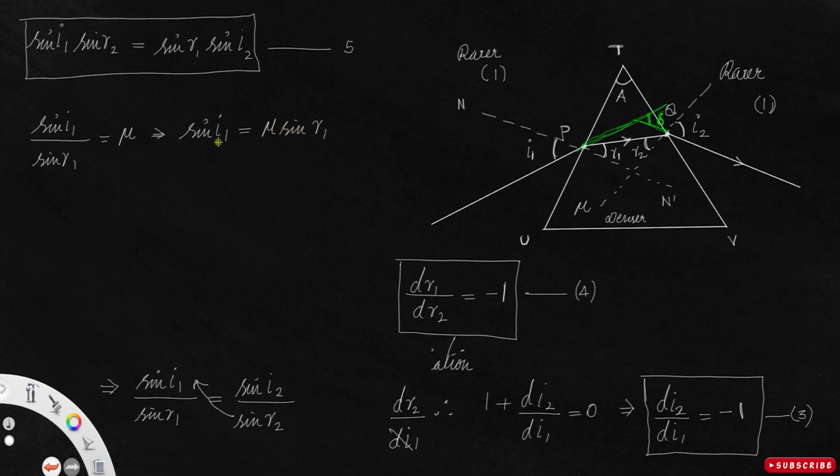Now let me differentiate this equation on both sides with respect to I1. That is d by dI1 of sine I1 is equal to d by dI1 of mu sine R1.